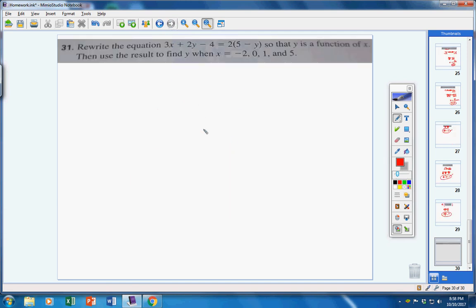And last but not least, number 31. So we want to rewrite the equation so that y is a function of x. That means we're going to solve for y. So let's take this equation and let's solve for y. Okay, step 1, simplify both sides. Over here I have 3 terms.